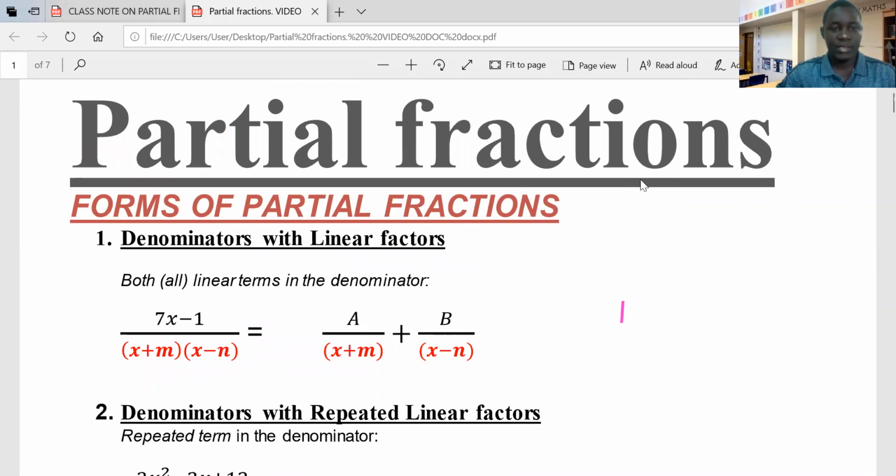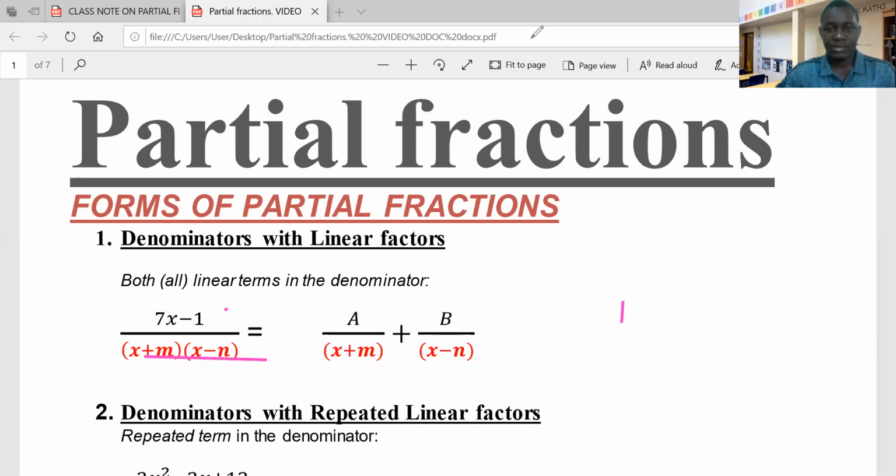Okay, now looking at a fraction such as this, we have (7x - 1) over (x + m)(x - n). Now that is a fraction that could result from the addition of the fractions on the right hand side.